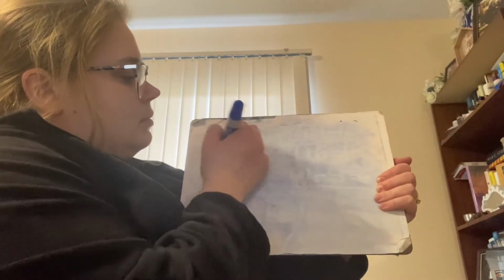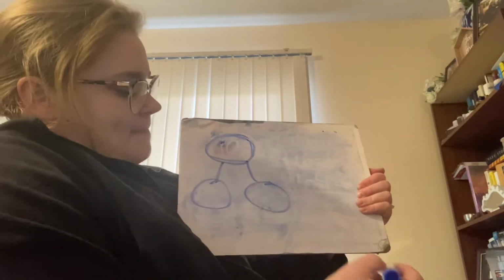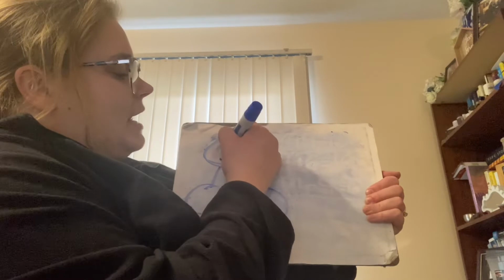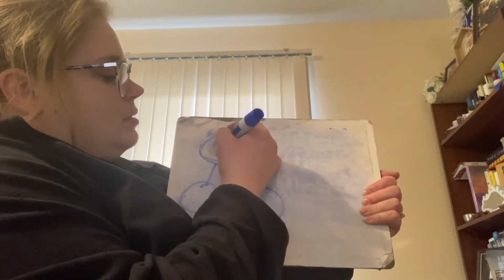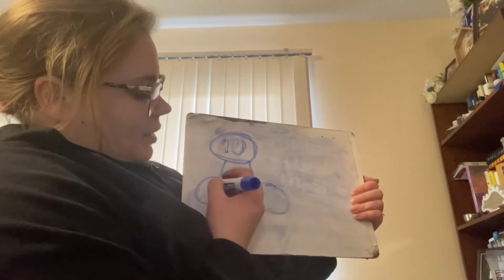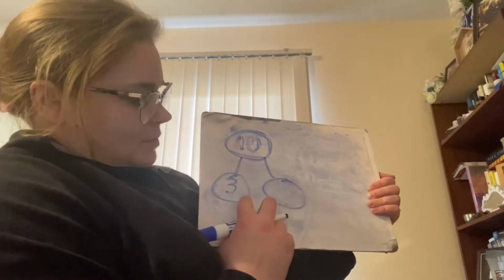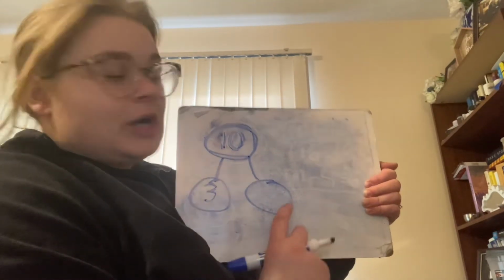Okay, now we're going to try one where we have a missing part. So I'm drawing my number bond again. I'm going to put 10 up here, and I'm going to put 3 in my first one. Now, whenever we're looking for a missing part, we need to do subtraction.